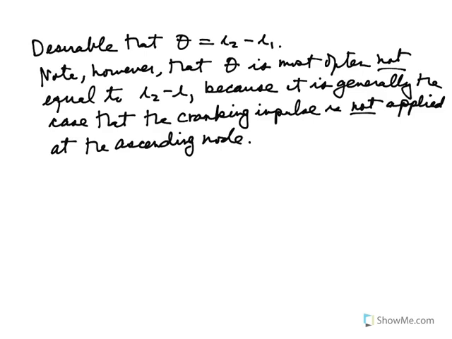But if we are actually changing the orbital energy, it is not always possible, if we're going to do this in a reasonably efficient way, to apply that cranking impulse at the ascending node. So it's desirable, of course, but it's not always possible. But the key result of this lecture, let's summarize what we did: first, we defined a cranking impulse.